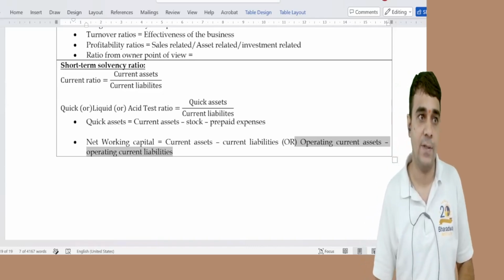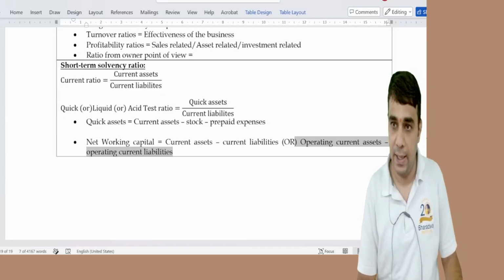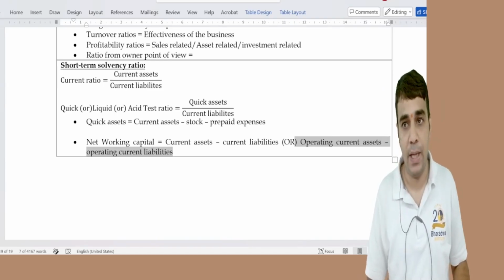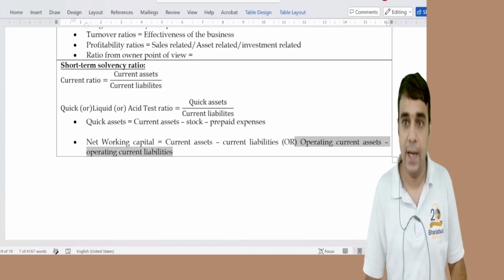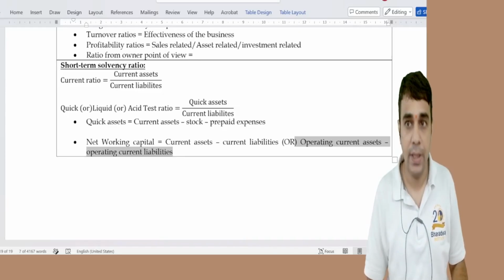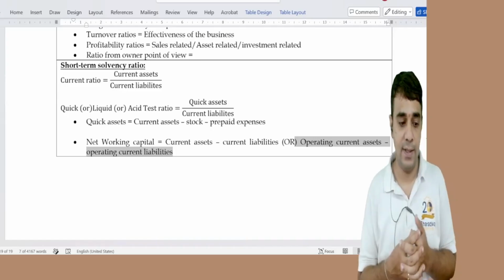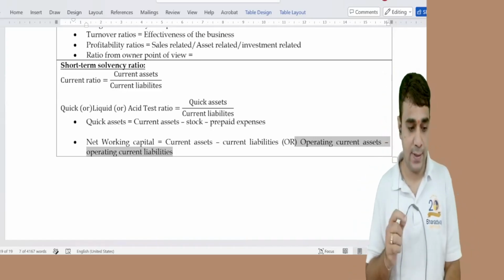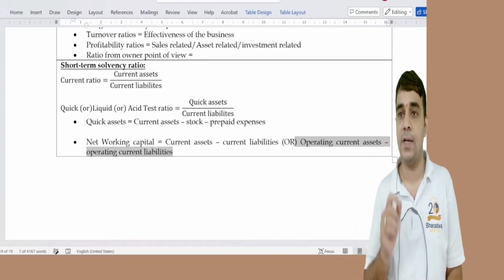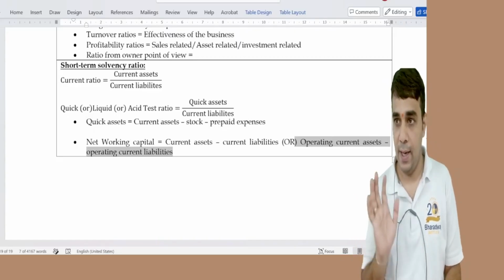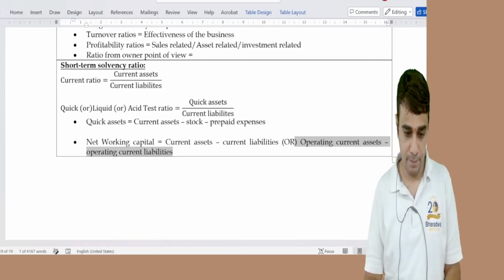The finance concept is operation related assets and operation related liabilities. You should only consider your operation related assets and operation related liabilities, not others. Any doubts in this? Clear? Okay.